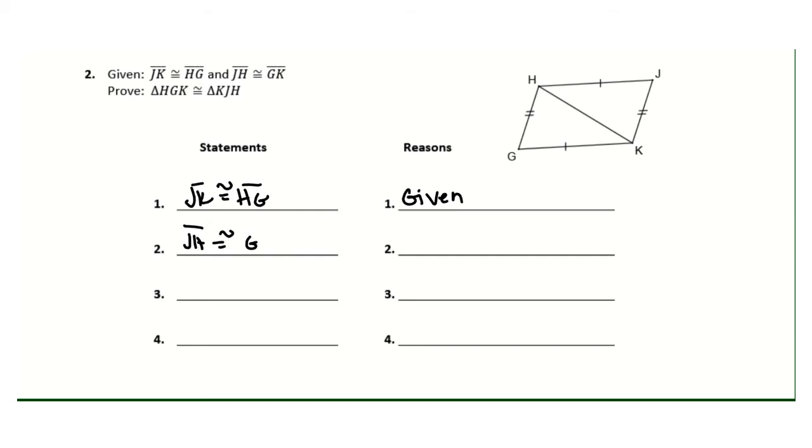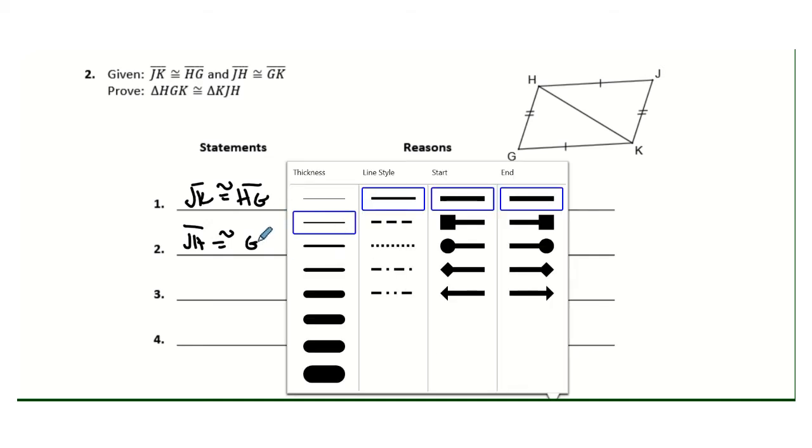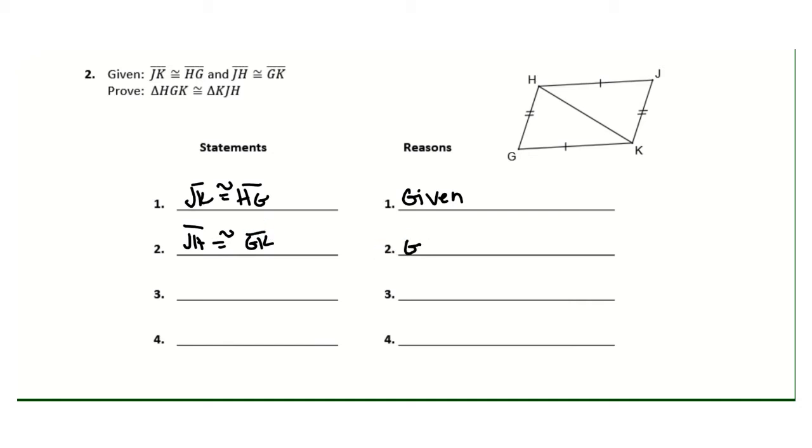And that's also given. And we can see that they've marked that with a hash mark there for both of us as well. So now what do I know? Well, I know that these sides are congruent, and I know that these sides are congruent.